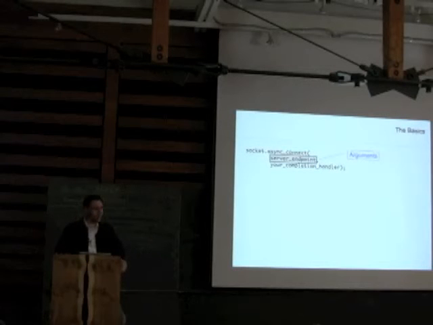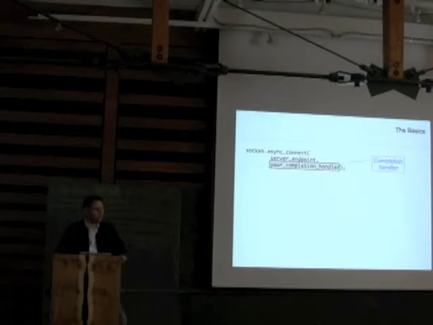Then you have the arguments that the I/O object will package up for you and pass to the operating system. So in the case of a connect, it's the endpoint identifying the remote server. In case of a read, it would be some buffers that you want it to fill. And the final thing is the completion handler, and that's the callback function object that you would like to be called when the operation completes.